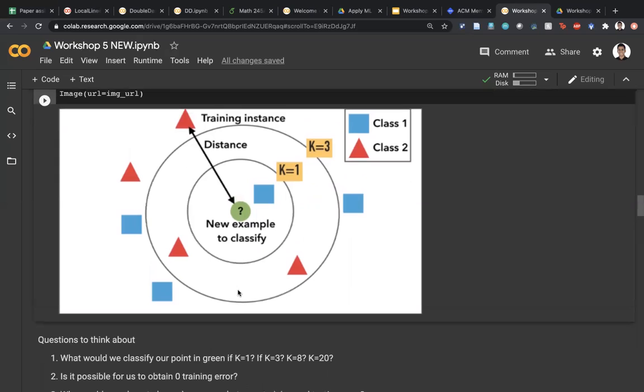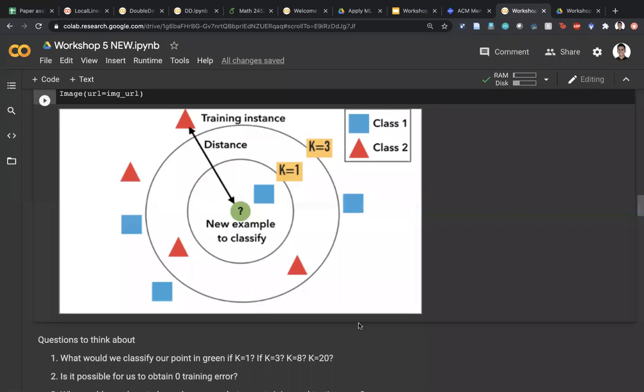Let's say your data set has 60% data points in class A and 40% in class B. Irrespective of whether your new data point is closer to one class or the other, since you're looking at all the data points, you're always going to say, okay, 60% of my nearest neighbors are in class A, so I'm always going to end up classifying the new data point as class A. So it's obviously not useful to have an extremely large value of K, because I'm just going to be predicting the majority class every single time. And that's not particularly helpful for me.